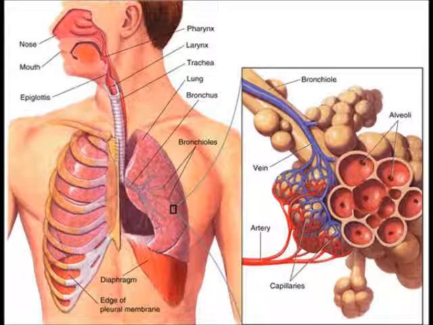At end inspiration or end expiration, when flow temporarily stops, the alveolar pressure is 0, the same as the atmospheric pressure. So alveolar pressure is the pressure within what? The alveoli. That's why it's called alveolar pressure. In order for gas to flow out on expiration, it's supposed to be positive, or greater than the atmospheric pressure.